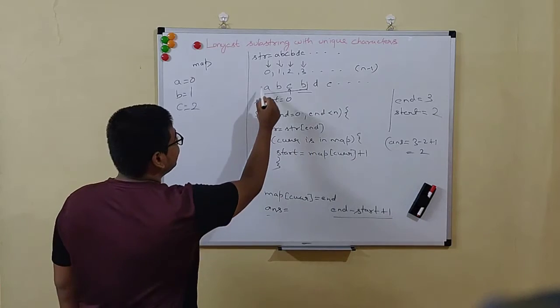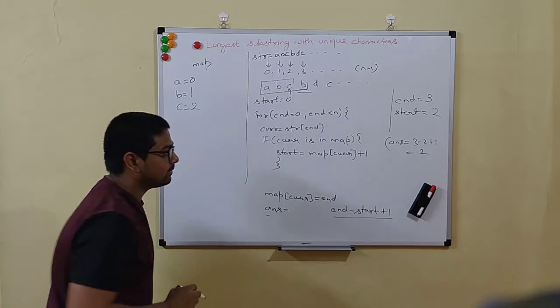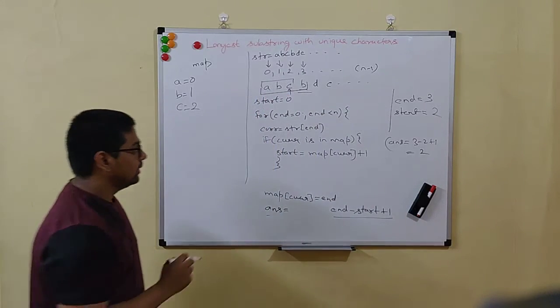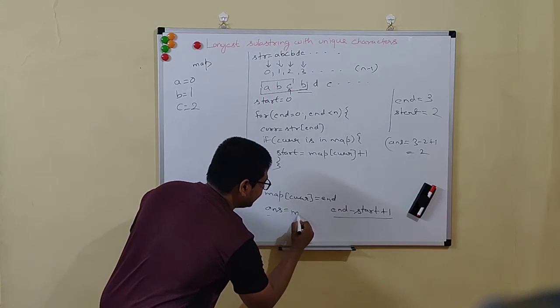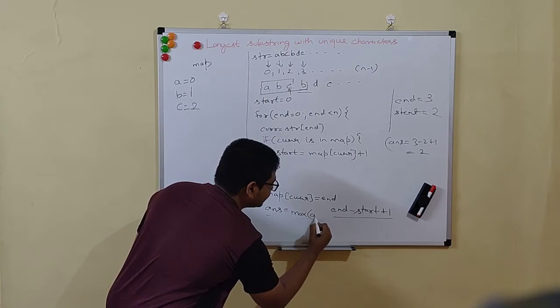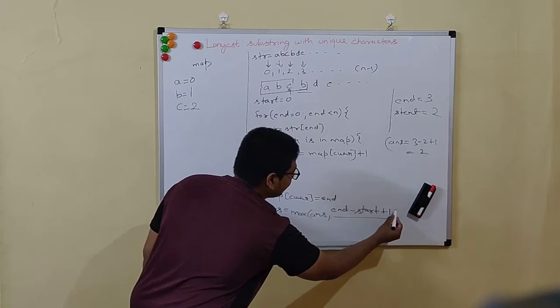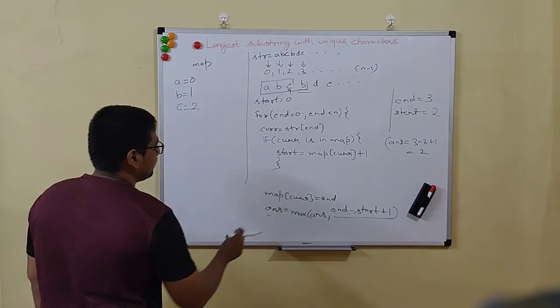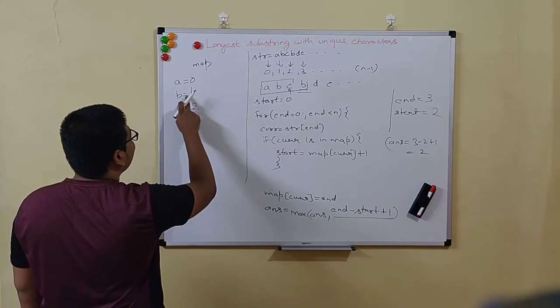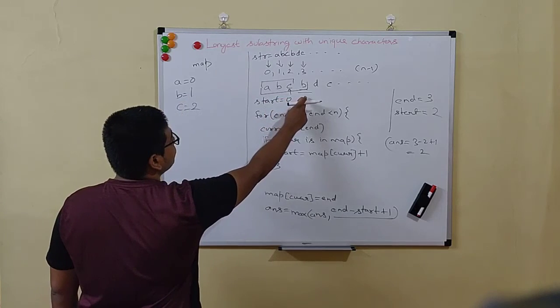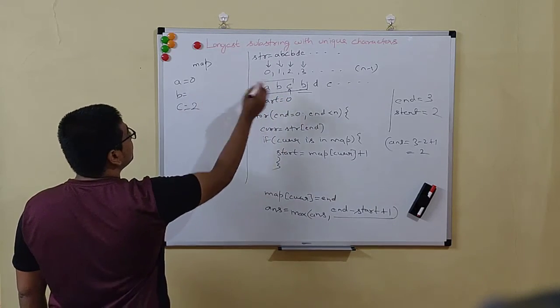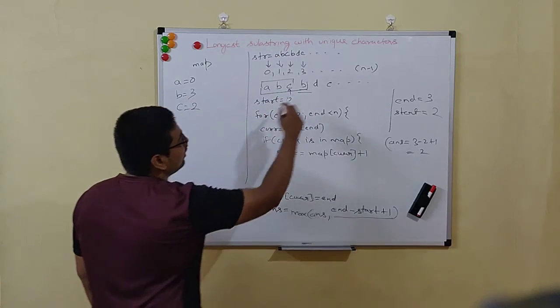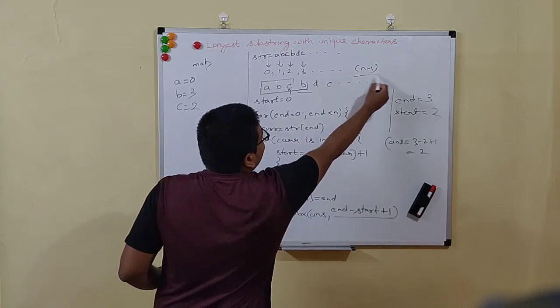But notice that we have already seen a subarray of size 3. So we have to put a max condition here. So the answer will either be answer itself or this value. After doing this, we have to update the value of B as well. Since now the last occurrence of B is equals to 3, and we will go on till the last index.